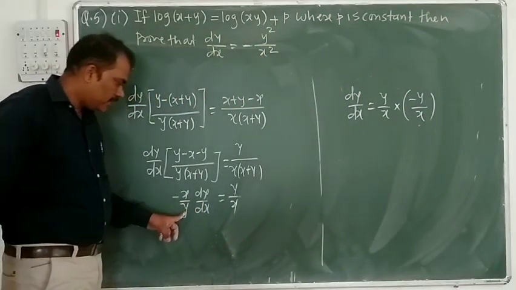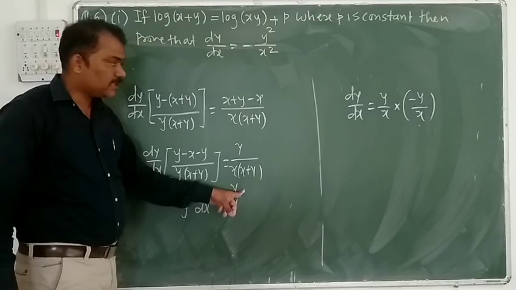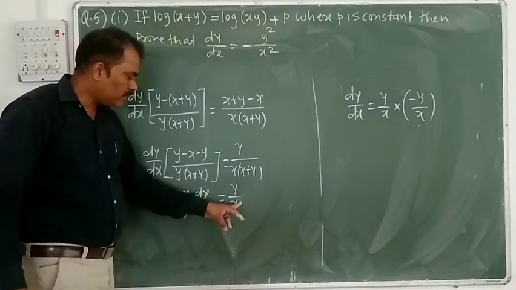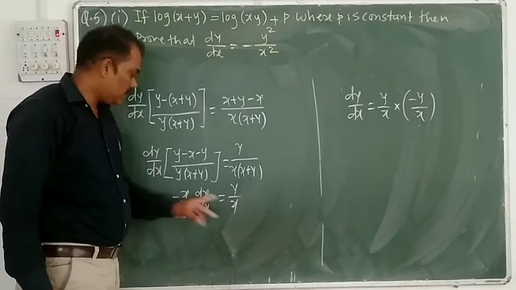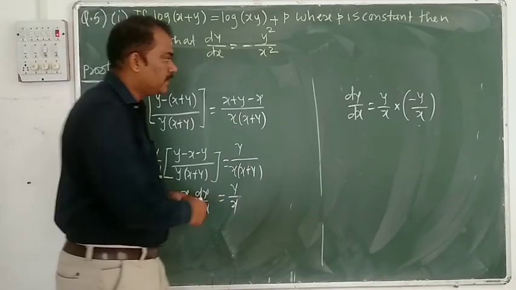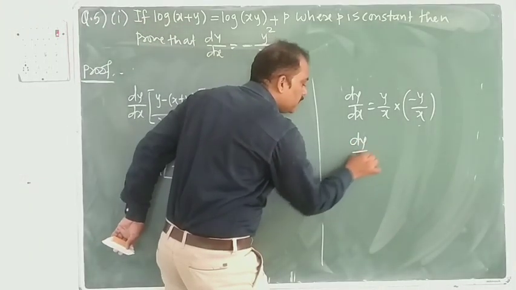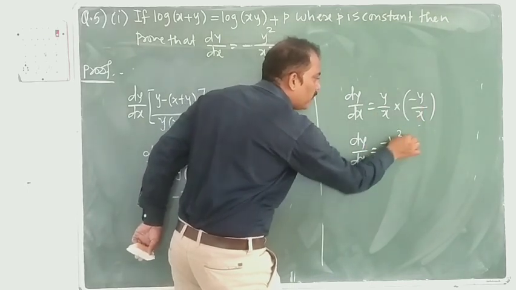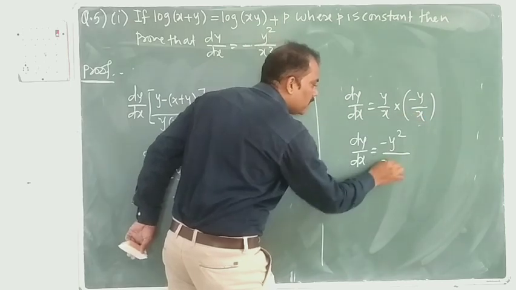Also, y in the denominator goes into the numerator when we transfer it to the RHS. x in the numerator goes into the denominator, and the minus sign is also transferred. So dy by dx is equal to y into y, that is y square, so it is minus y square divided by x into x, that is x square.